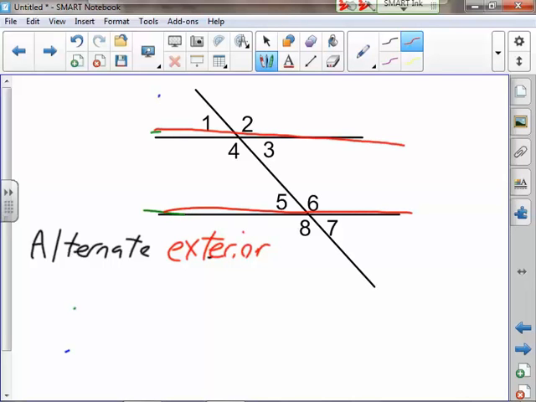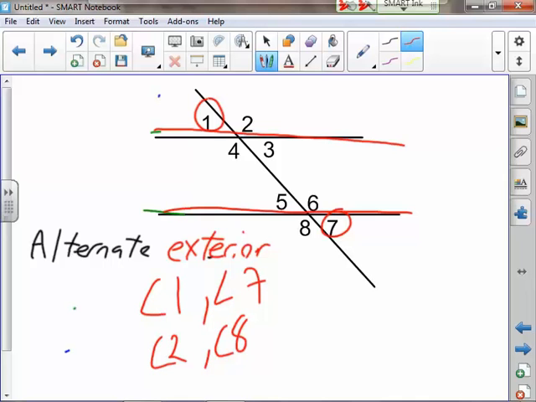Angle 1 and angle 7, and angle 2 and angle 8. And so if I knew, once again, that these were parallel, then my alternate exteriors would be congruent. Angle 7 would be congruent to angle 1, and angle 8 would be congruent to angle 2.